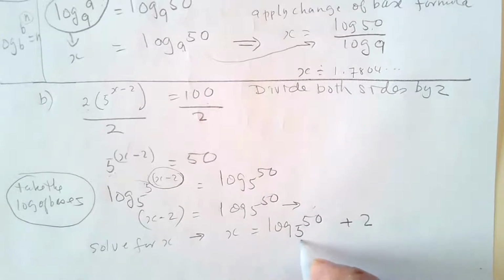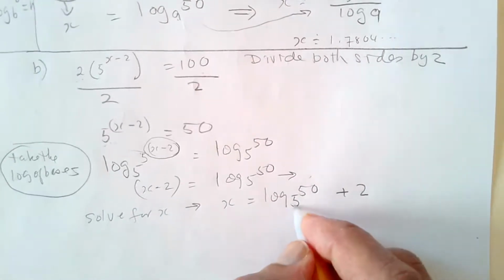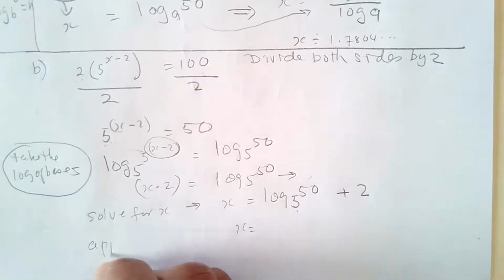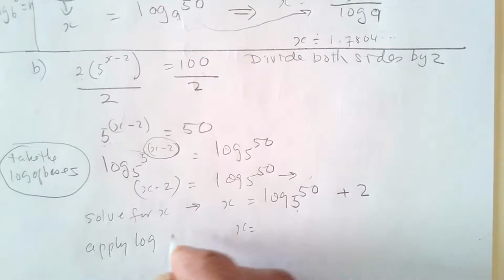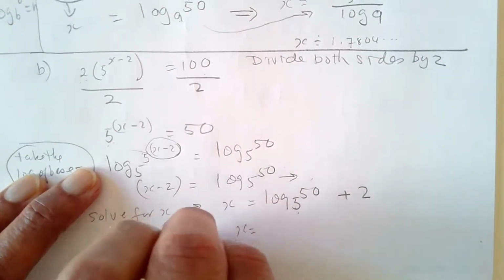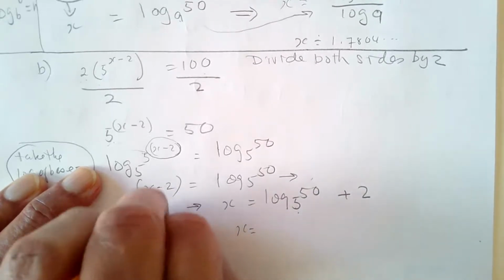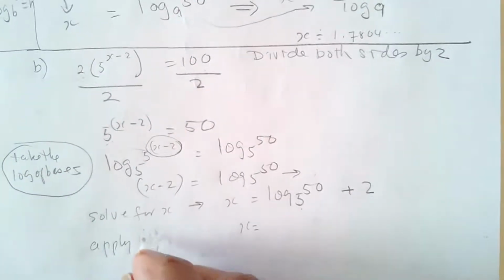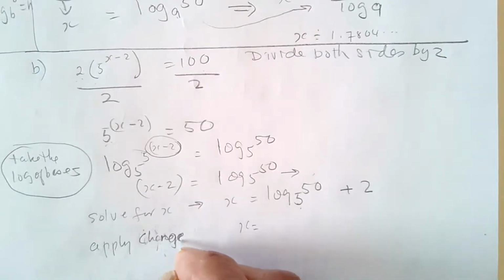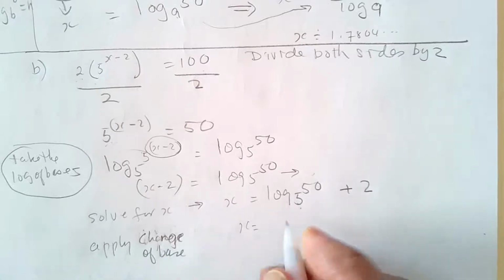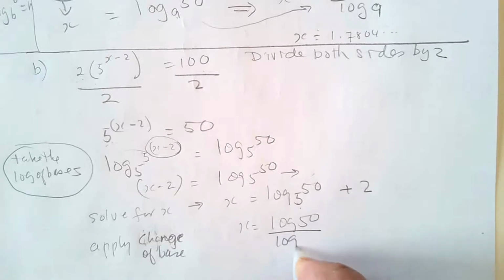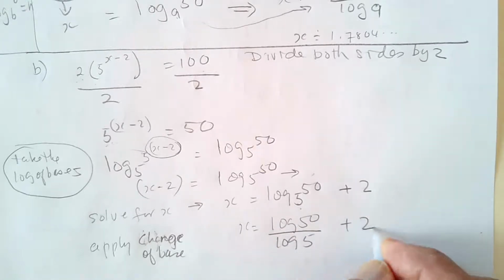Now we're going to apply the change of base formula to log base 5 of 50. So we have log 50 over log 5 plus 2.